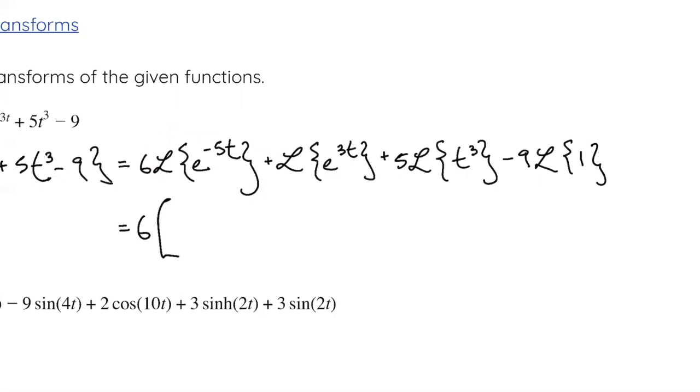Yeah, our a is negative 5. And so that means I'm going to have 1 over s minus negative 5. So we're going to go ahead and say that that's 1 over s plus 5.